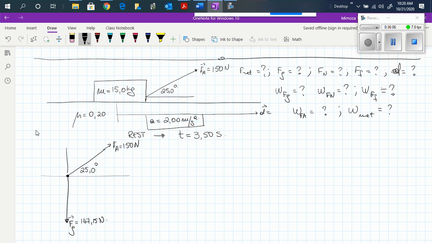We have a force normal that is going up. Notice here again, that is smaller in magnitude than force of gravity. And then we have a force of friction. So let's start finding forces first.